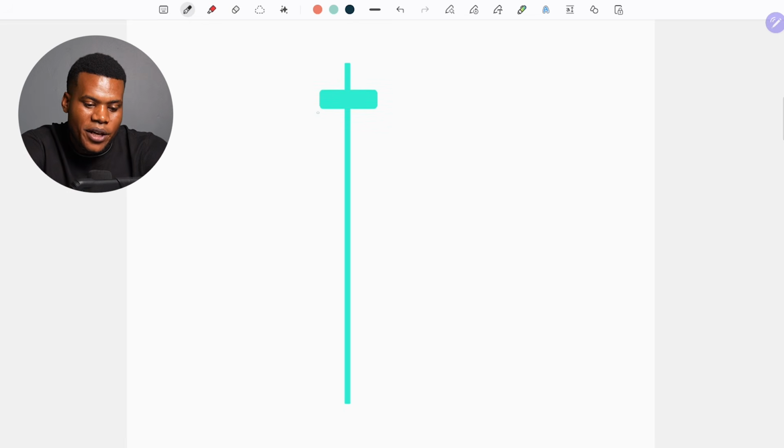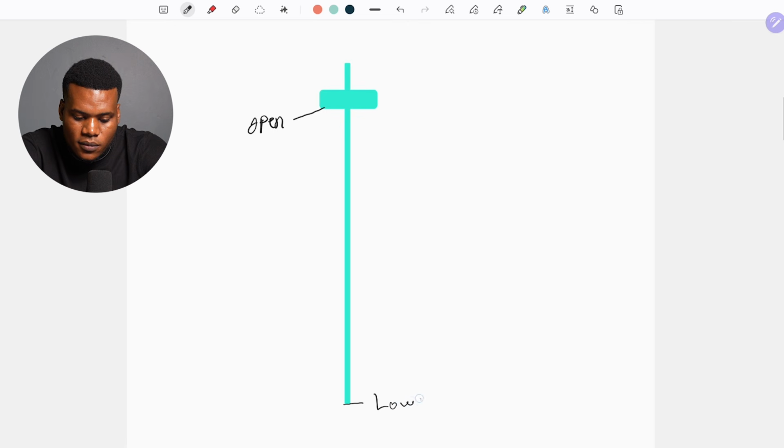This was the open. Then sellers pushed the candle up here, so we call this the low. But buyers said, you people, you are joking with us.